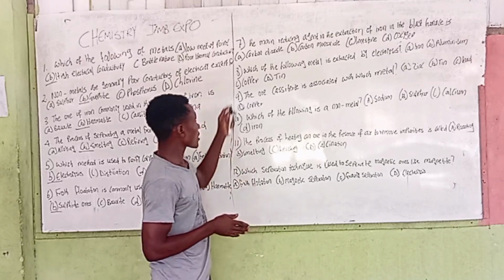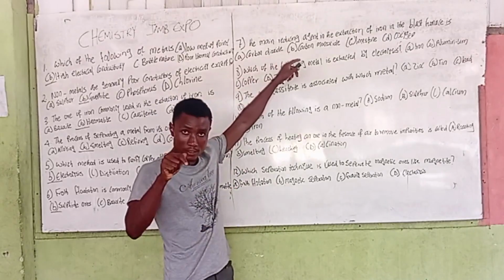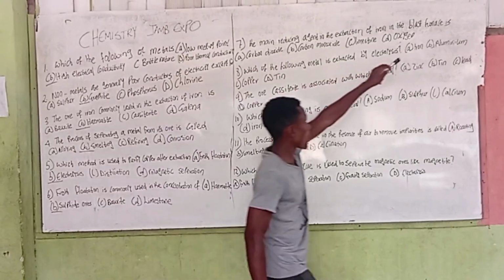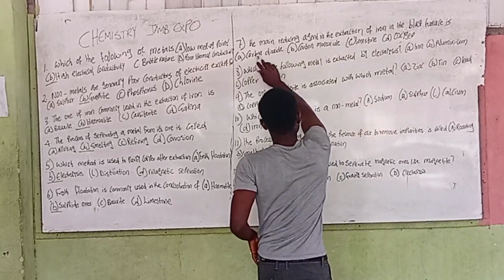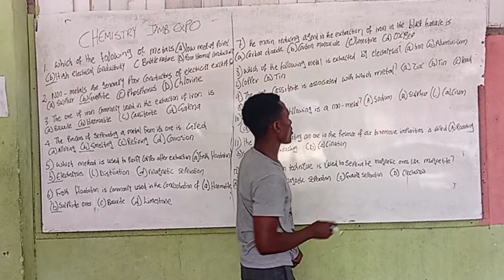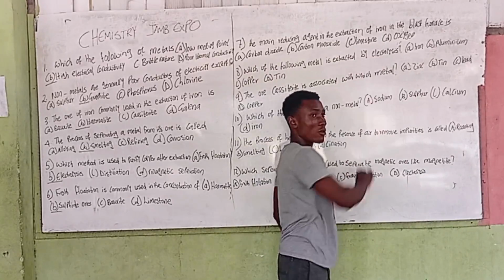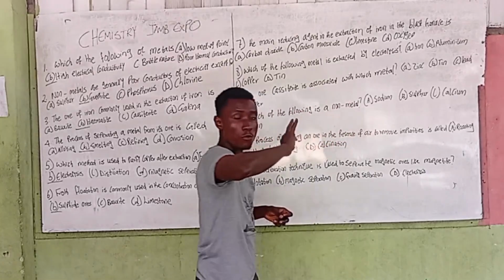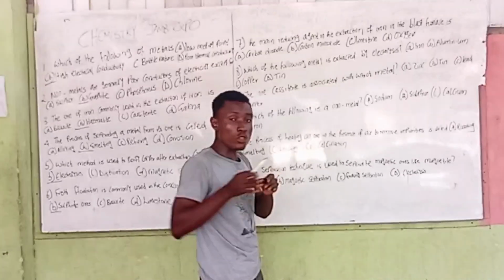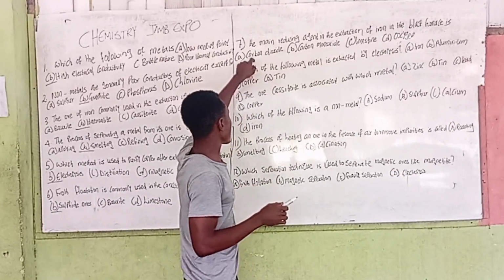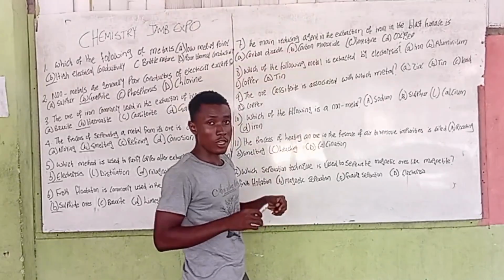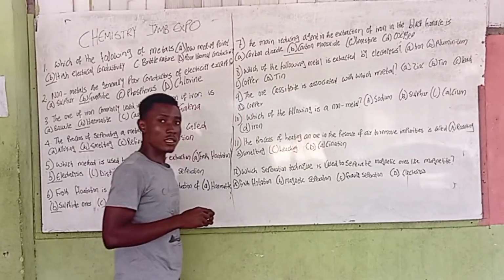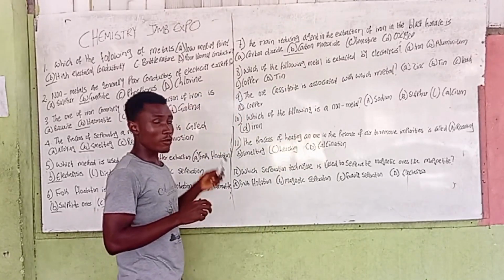So the reducing agent in the extraction of iron in the blast furnace is A. Carbon dioxide, B. Carbon monoxide, C. Limestone, and D. Oxygen. C and D are not even close to the answer. We are left with carbon dioxide and carbon monoxide. The correct answer there is carbon monoxide.